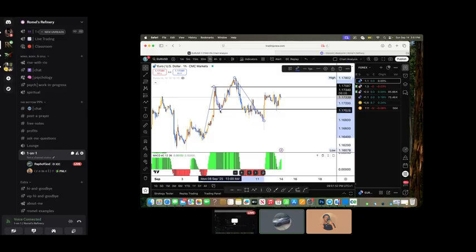I was looking at the trade right here: indication, correction. And I started seeing price failing to make new highs. I'm not gonna lie, I was impatient and I got in somewhere up in here.